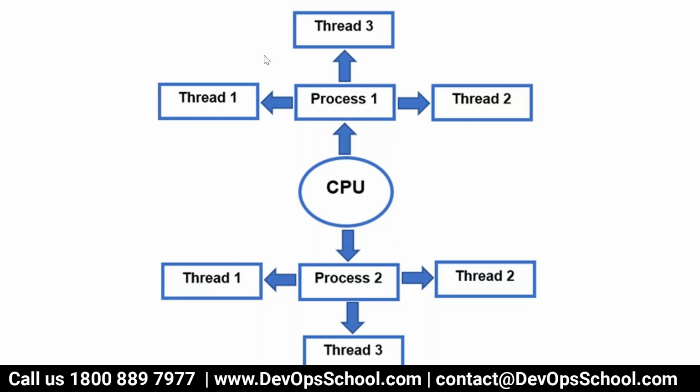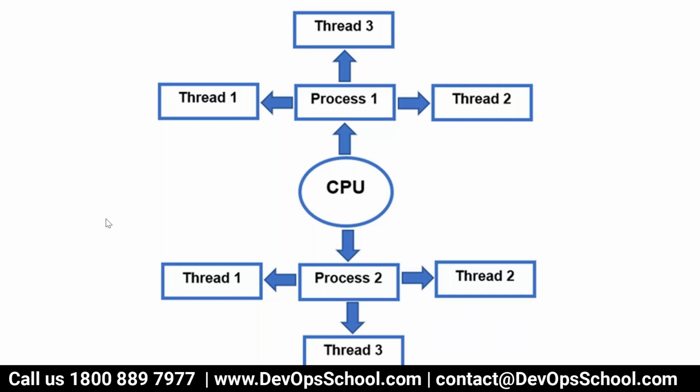I repeat, the CPU can be provided to only one process at a time. RAM is there, so this process is running, but to function the process, you need a CPU.